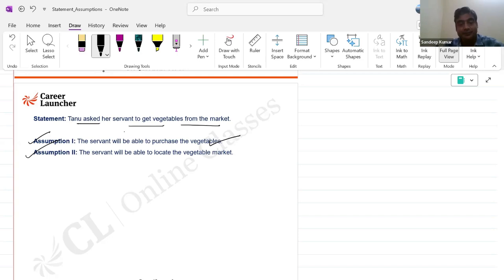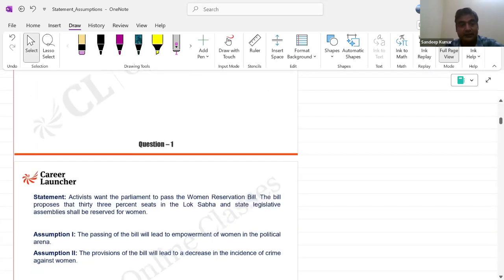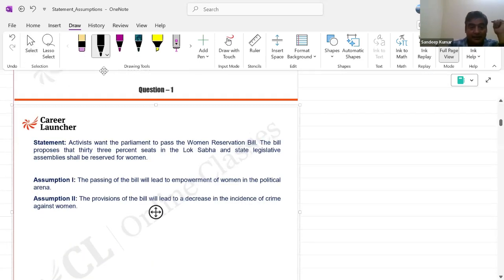Okay. Let's look at statement 2. Question number 2. Activists urge the parliament to pass the Women's Reservation Bill. The bill will propose 33% seats in the Lok Sabha and state legislative assemblies should be reserved for women.